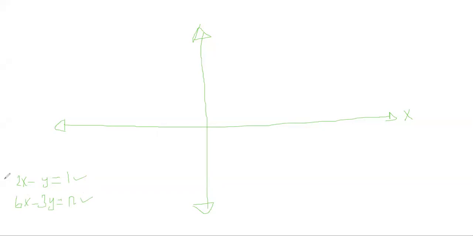So let's start with this. I will just give you the intercepts; I will not solve it. We have done it in the last class. So here, 2x minus y equals 1. The y-intercept is when x equals 0, and y will be minus 1.